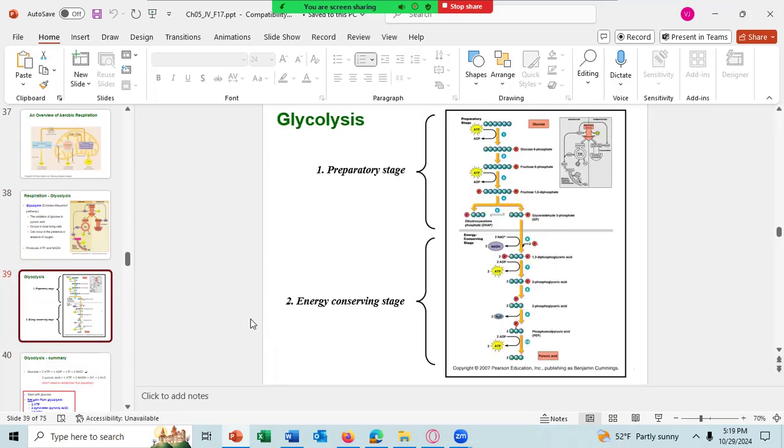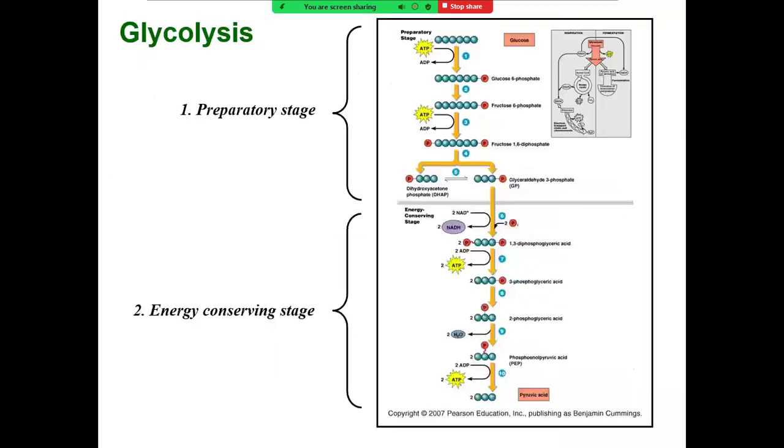All right, this is showing you glycolysis, the 9 or 10 steps in glycolysis, where, let me blow this up if I can. Glucose, which is a 6-carbon molecule, is converted in different steps, resulting in a 3-carbon molecule called pyruvic acid or pyruvate.